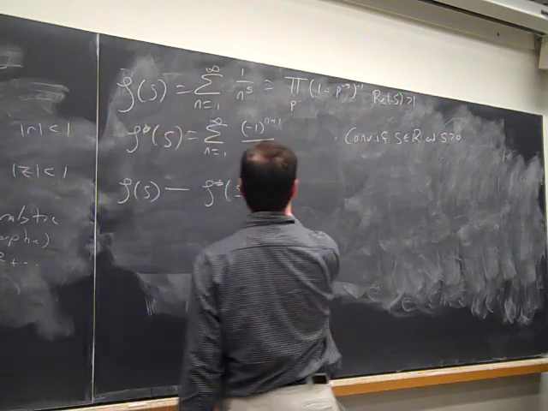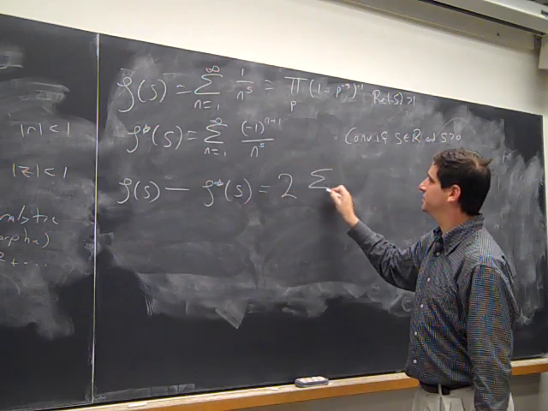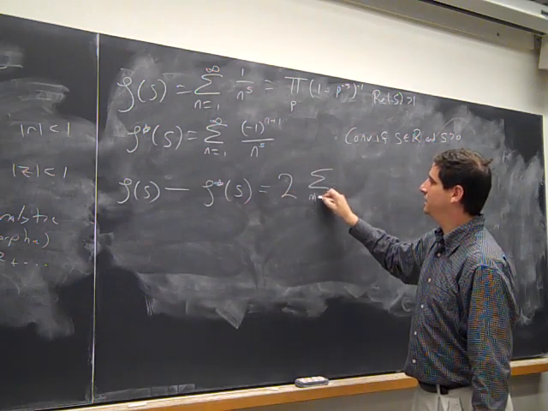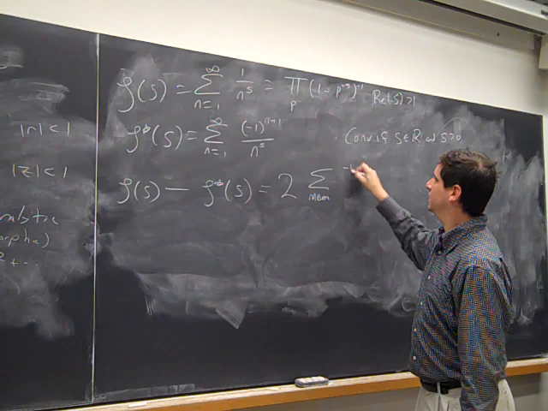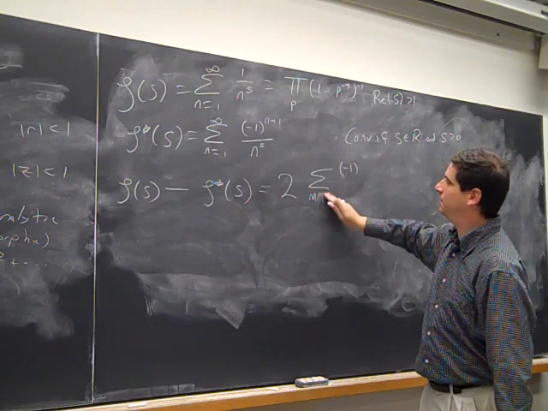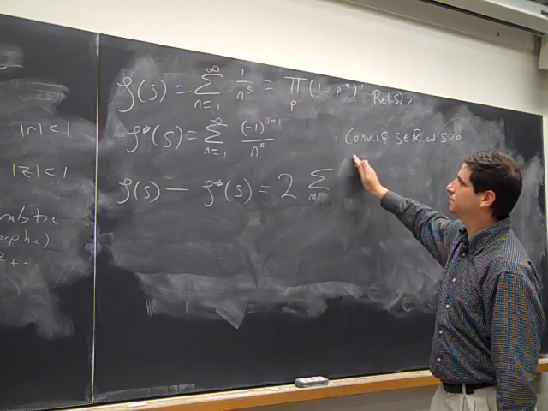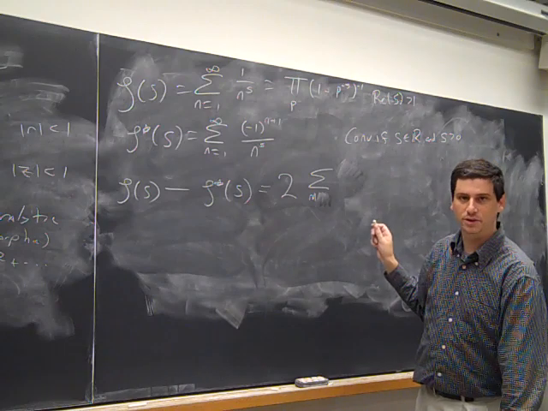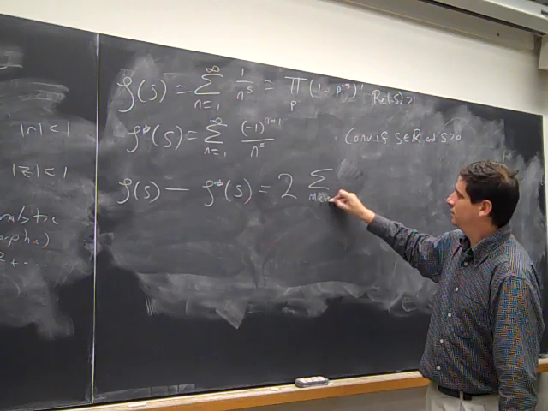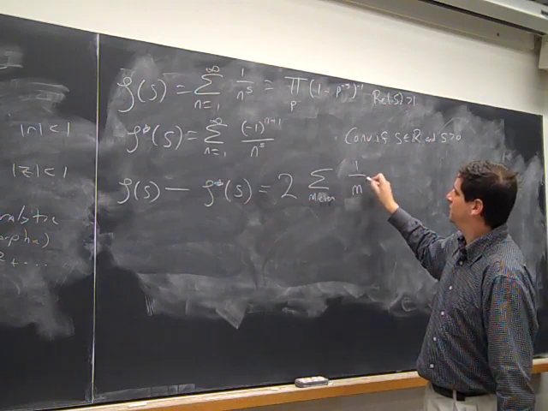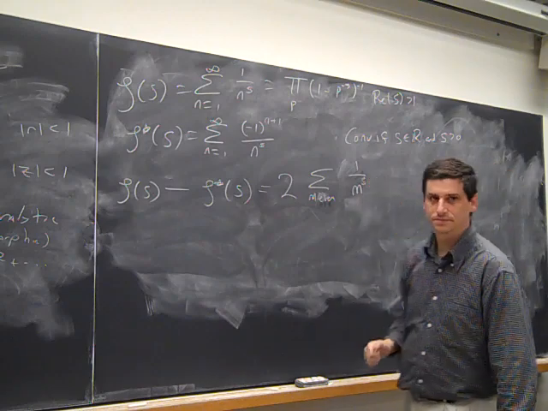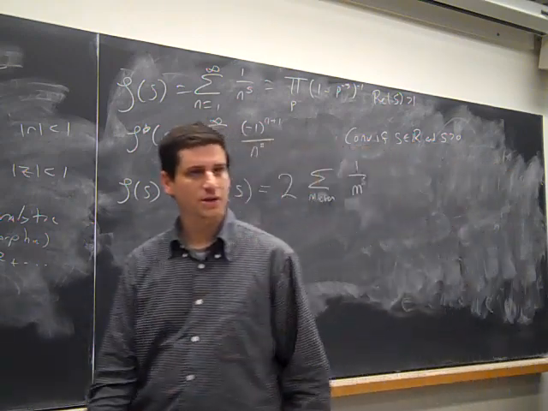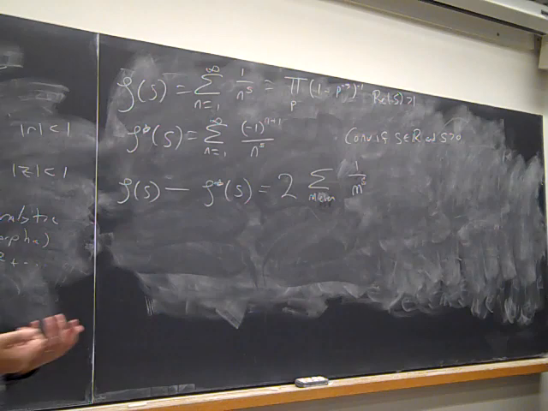No, so let's write what we have. So we'll have 2, the sum of m even. Wait, I'm going to write m. Sorry, we don't have the negatives anymore. So m is even. We have 1 over m to the s. So how can you write an even number?